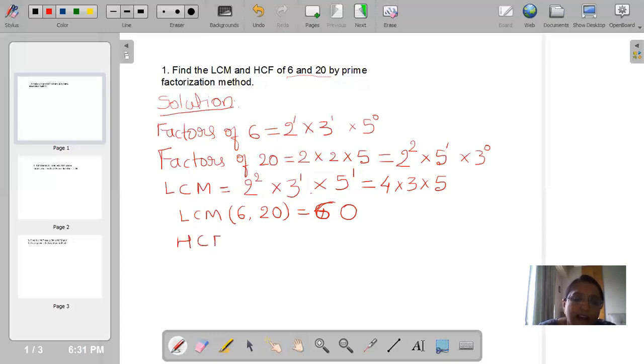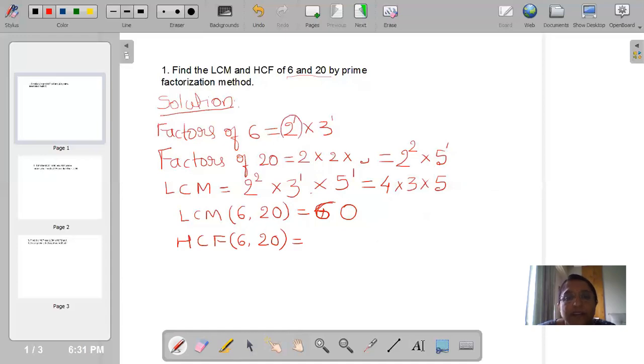HCF, highest common factor, of 6 and 20 is the product of the numbers whose power is the smallest. That we consider. Just observe, the lowest power of common factors we take.